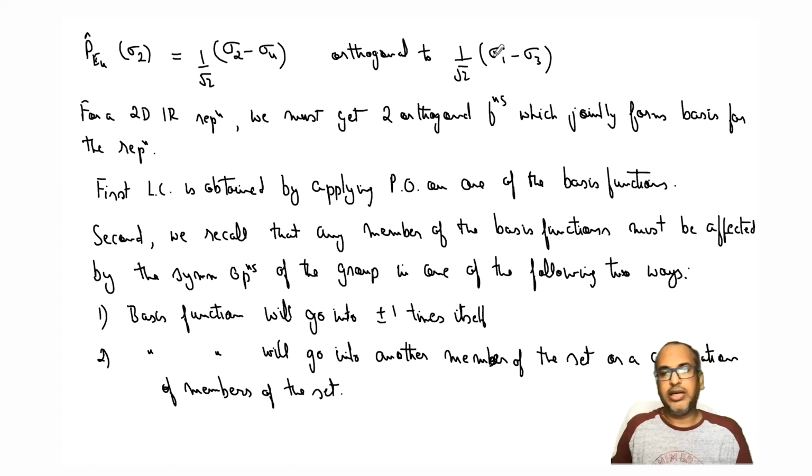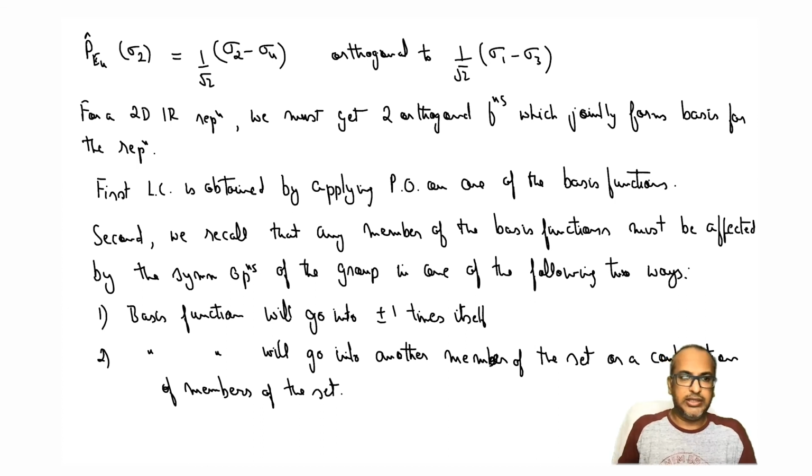So what do I mean? Let's say if I apply any symmetry operation on sigma 1, it will either turn into plus sigma 1 or minus sigma 1, or it will go into any linear combination of the rest of the members including sigma 1, right?